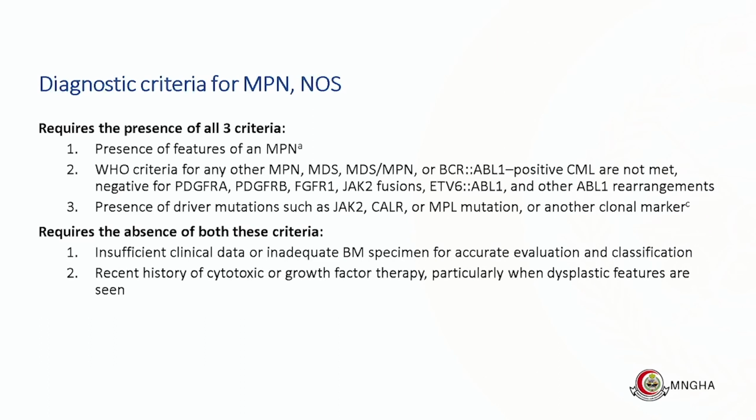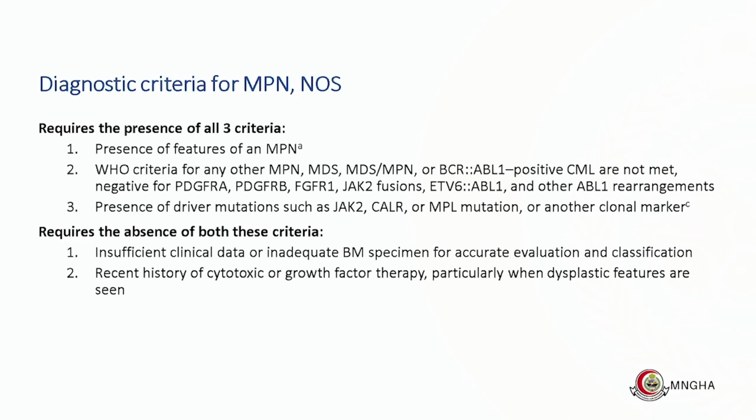Diagnostic criteria for MPN NOS are still retained in this edition of WHO. We require 3 major criteria, and we need to rule out 2 other criteria. So we need a feature of MPN, either a clinical feature, where the patient presents with splenomegaly, laboratory criteria, peripheral leukocytosis or increased proliferation of the cell blood elements, or morphological criteria in the bone marrow, hypercellularity, abnormal megakaryocyte clustering, fibrosis.